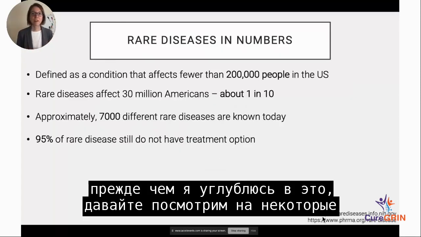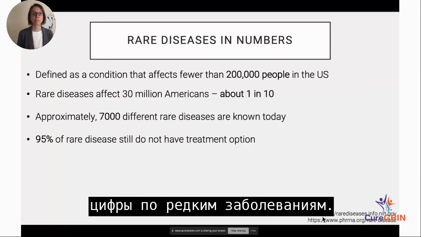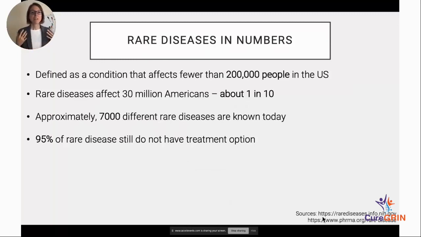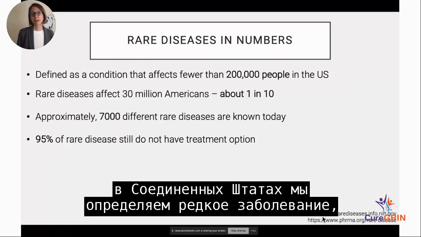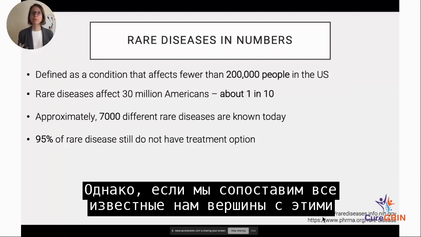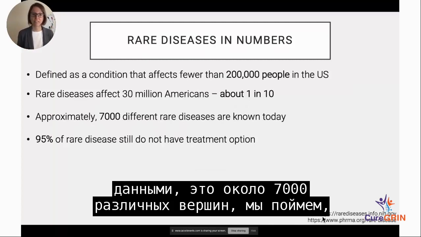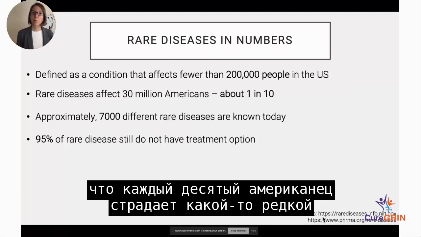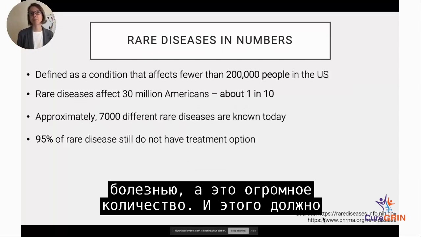So before going to that, let's see some numbers in rare disease. In the United States, we define a rare disease when it affects fewer than 200,000 people. However, if we put together all the rare diseases that we know to this day, that is around 7,000 different rare diseases, we will understand that 1 in 10 Americans are affected by some kind of rare disease.